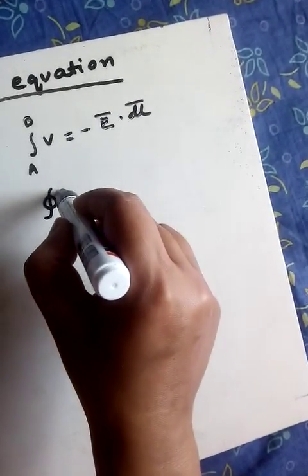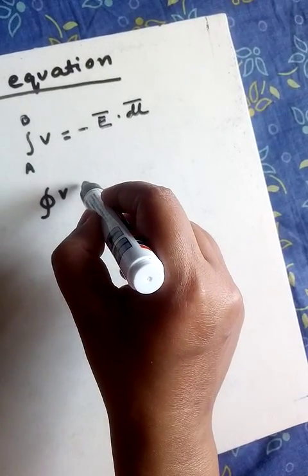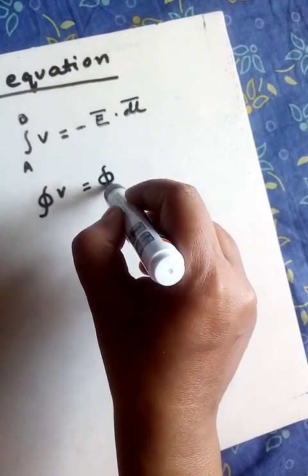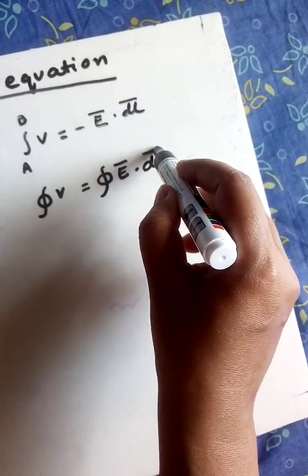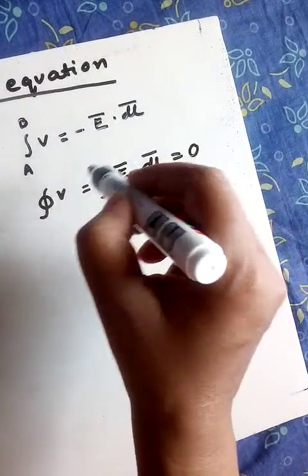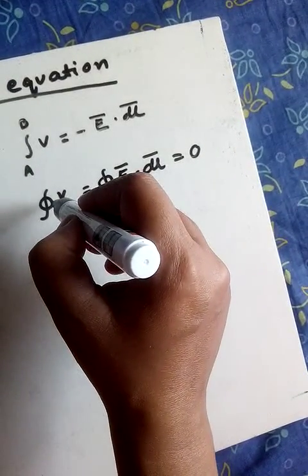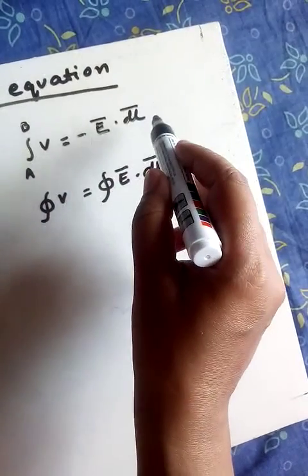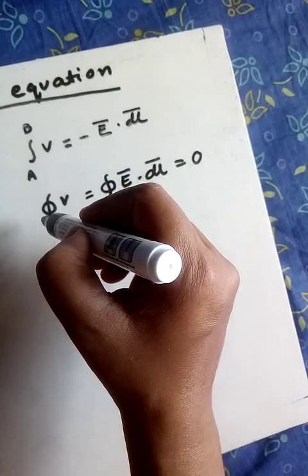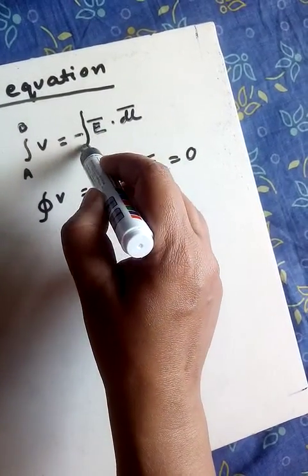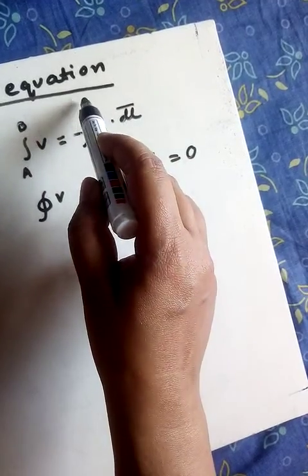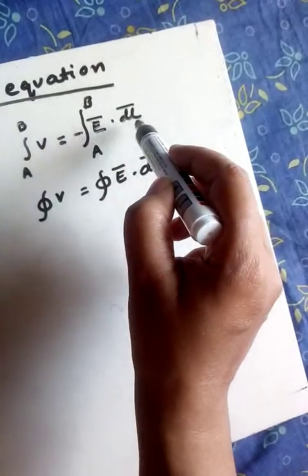loop, V is equal to closed loop integral of E dot dl, which is equal to 0. Potential for a closed loop is equal to 0. Here also, A to B, V is equal to E dot dl.